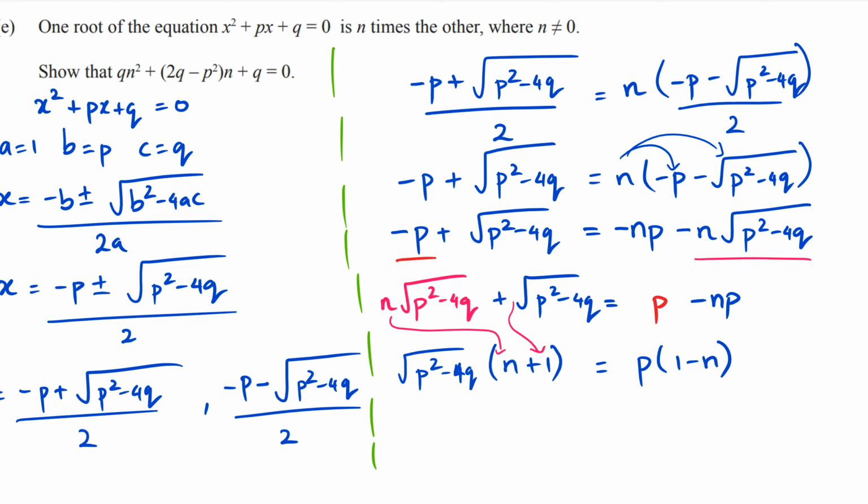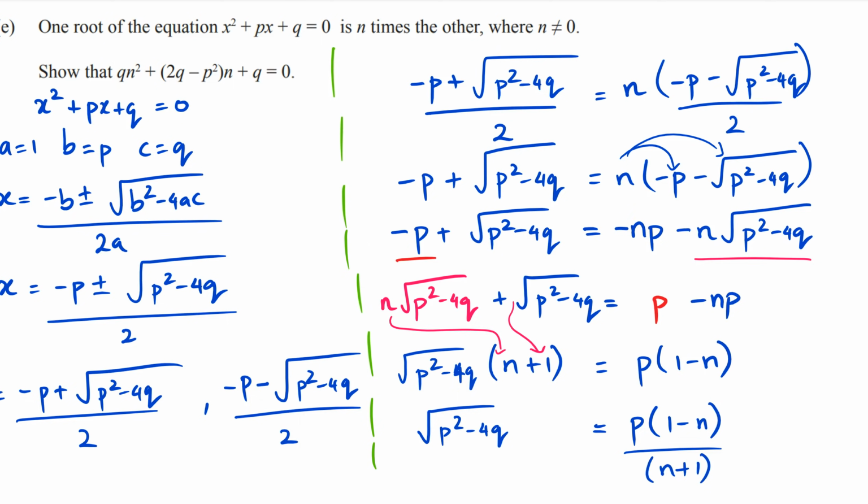Now the next step is rearranging this so that I can figure out a way to get rid of the square root symbol. So I'm going to rewrite this as p squared minus 4q equals p times 1 minus n, divided by n plus 1.